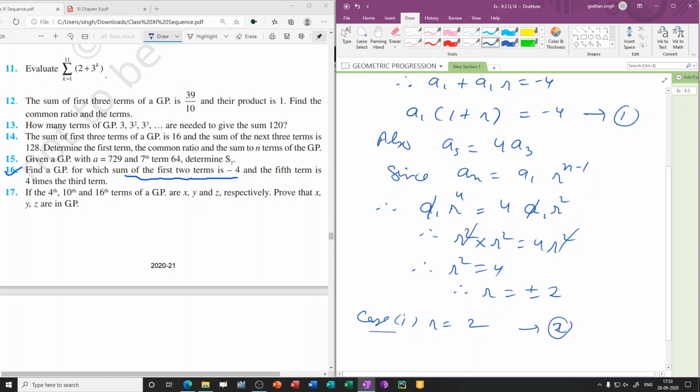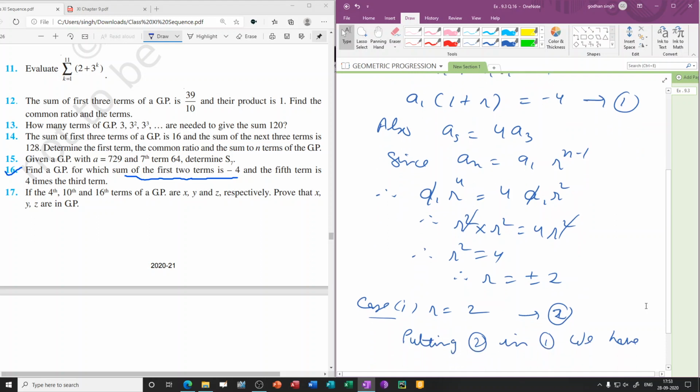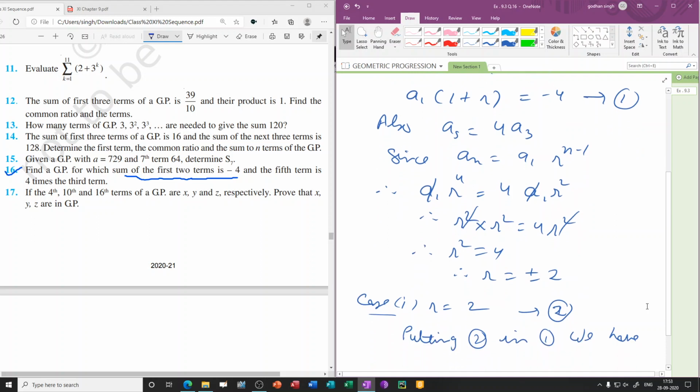Now I think we have not obtained till now A1, that is the first term. So we'll put the value of R equal to 2 in equation number 1. So on putting 2 in 1, here if you see, that is A1 into 1 plus R equal to minus 4.